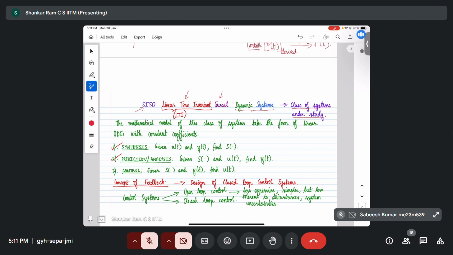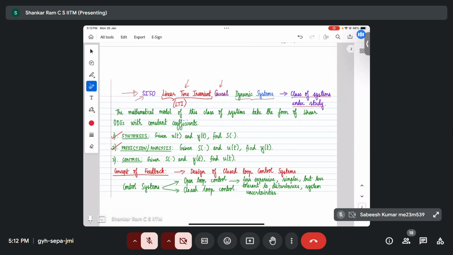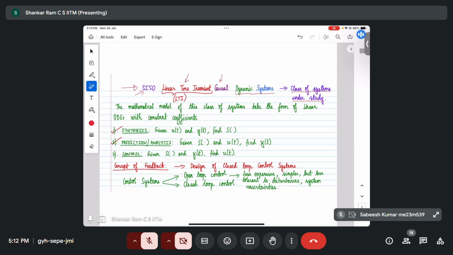That means a causal system is non-anticipative. It doesn't anticipate what's going to come in the future. So this is the class of systems under study, and consequently, the mathematical model for this class of systems takes the form of linear ODEs with constant coefficients. That's something which you and I already know.